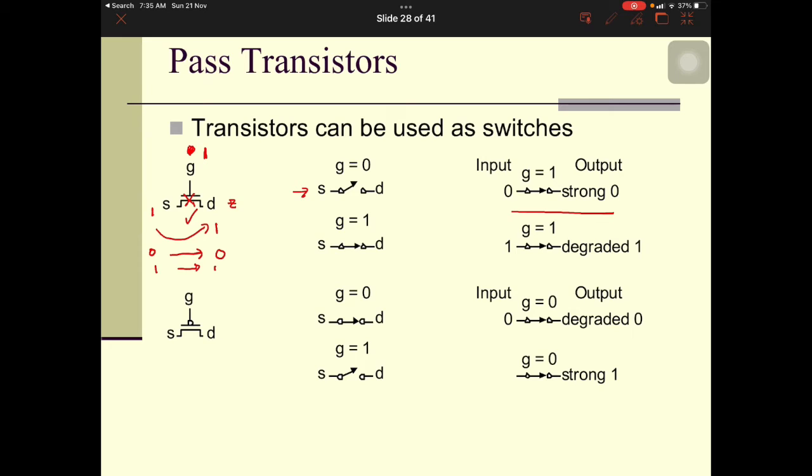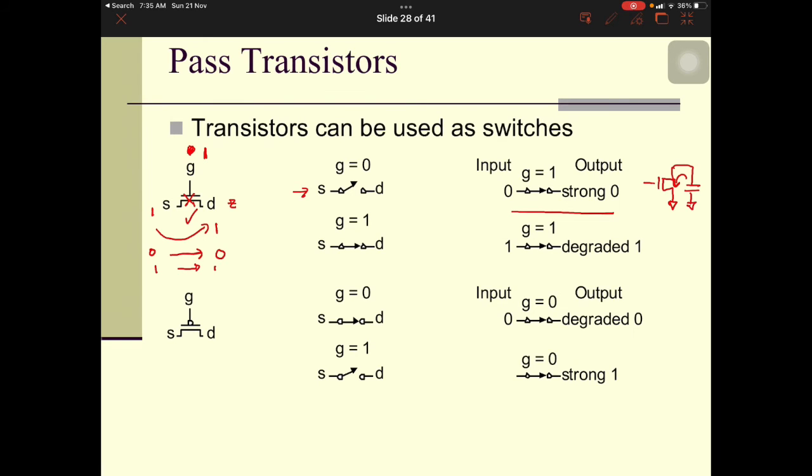This is because the NMOS is usually connected to the ground over here, and it is easier to pass a 0. This is when the circuit is pulled down. If you have the NMOS connected to ground, it can pass a strong 0.